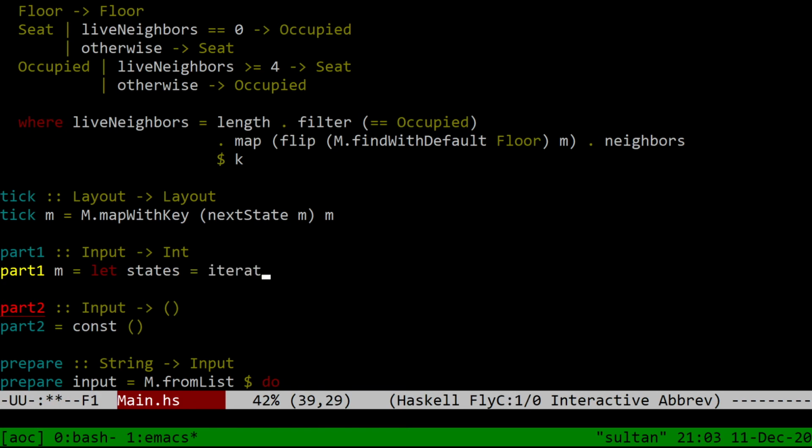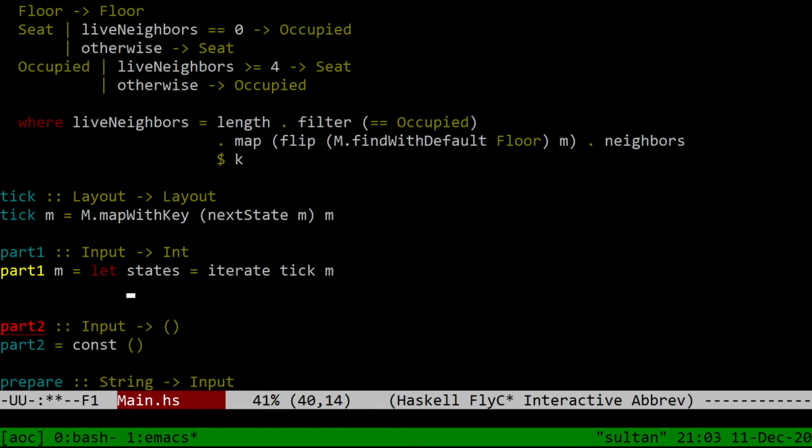States equals iterate pick m. Final state equals, let's just say pairs equals zip states with tail of states. So now we get a list of pairs of all adjacent snapshots at points in time of the states.